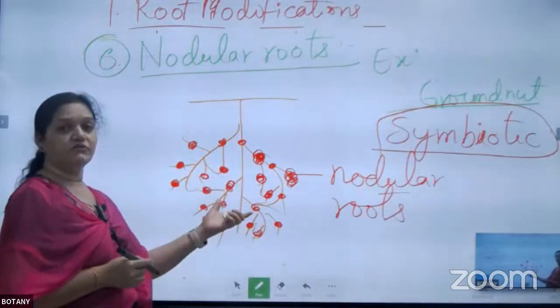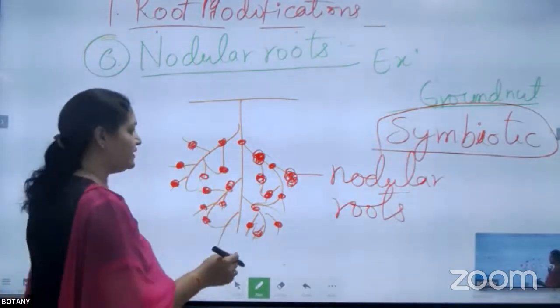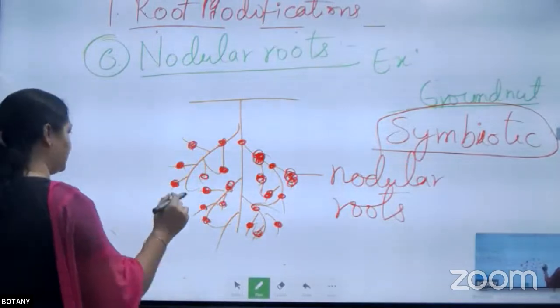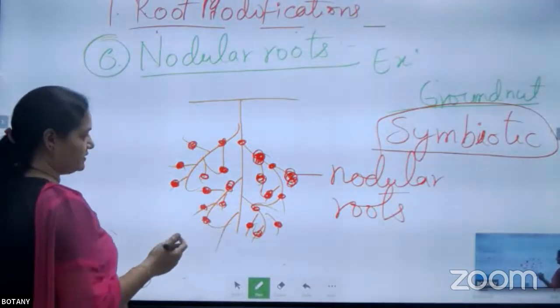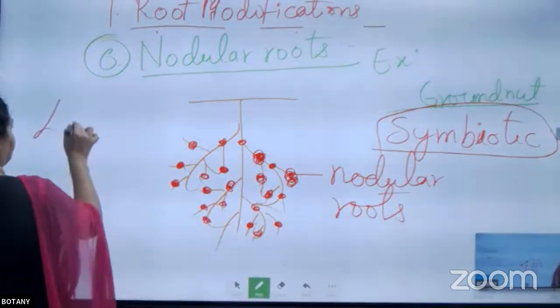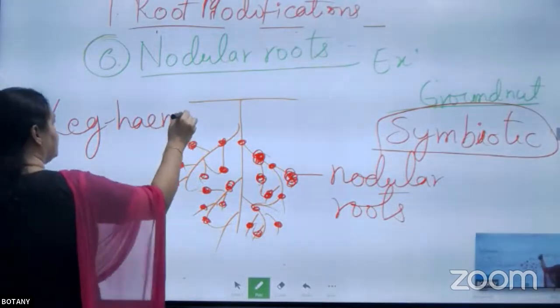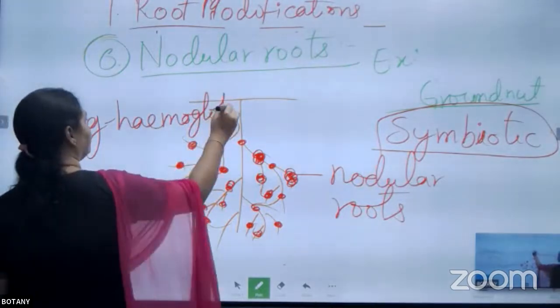These nodules on the roots are called the nodular roots. And these nodular roots have an enzyme in them, that is leghemoglobin. If you remember, then you can write it, otherwise no issue.